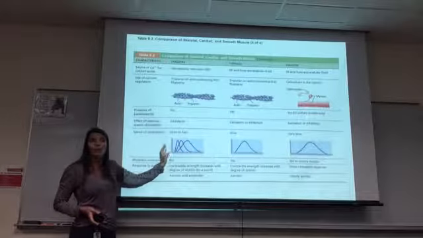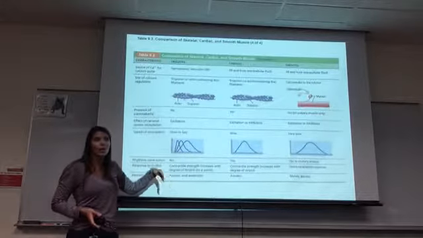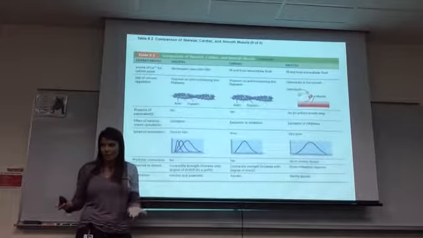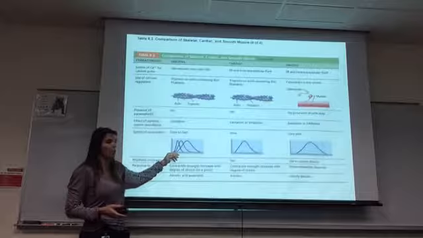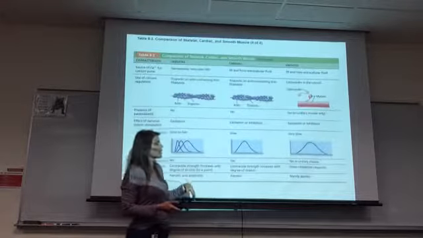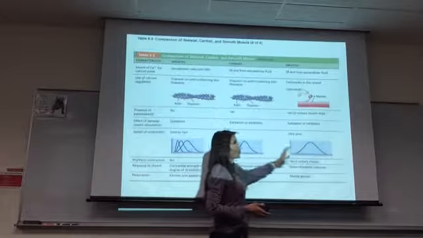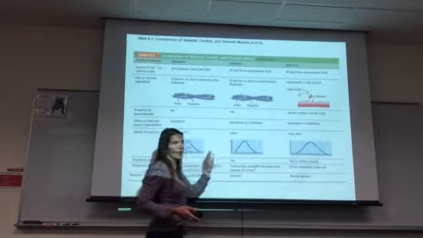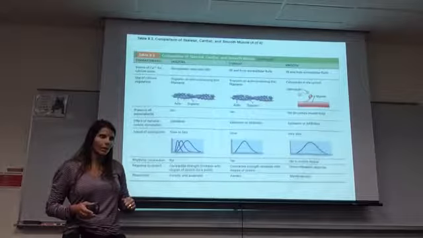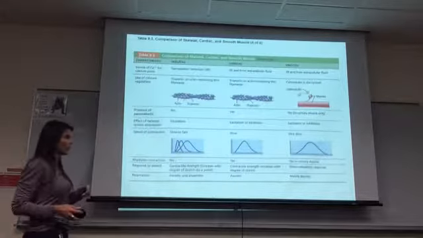The smaller the muscle, the faster it will contract. The larger the muscle, the slower it contracts. So that just makes sense, okay? The smaller the muscle, the lower the load, so the less it can do. The larger the muscle, the larger the load. When you have cardiac and smooth muscle, we don't try to speed those contractions up. We want them to be meaningful and rhythmic. Okay, so it's giving you that there.